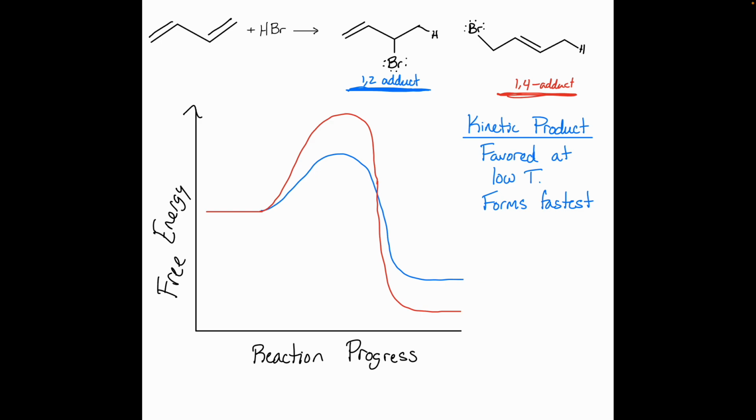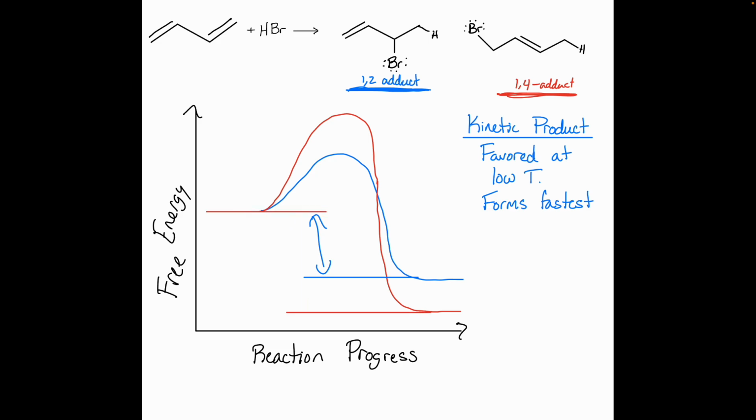But if I'm looking at my thermodynamics here, if I'm looking at the beginning and the end points here, which one of these reactions is more thermodynamically favorable? Red or blue? Red. Yeah, which one has that bigger free energy gap here, right? So my blue, my delta G is from here to here. My red, my delta G starts out in the same place, but now ends all the way down here. So I have this bigger free energy gap for that red curve.